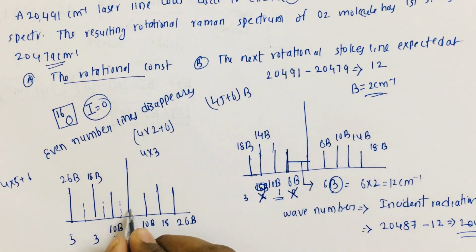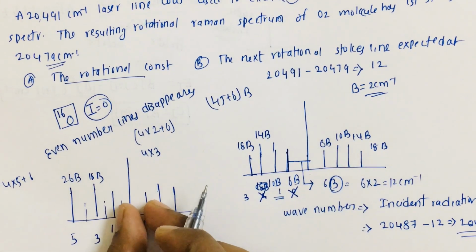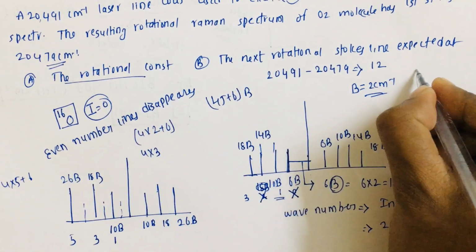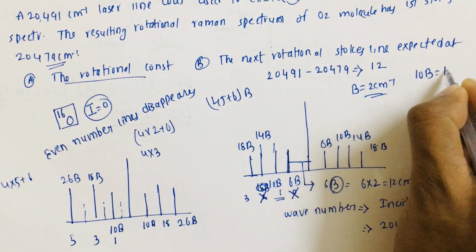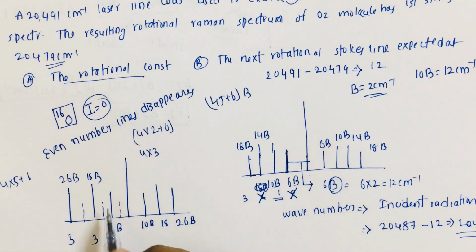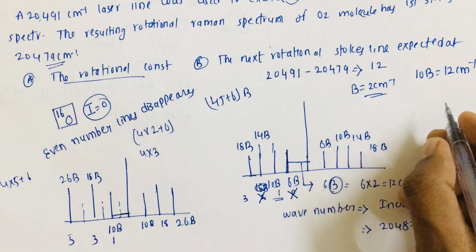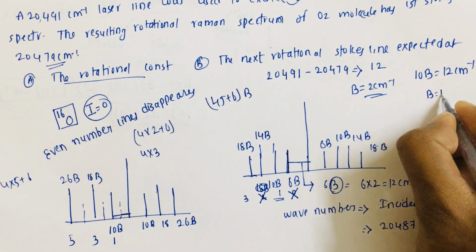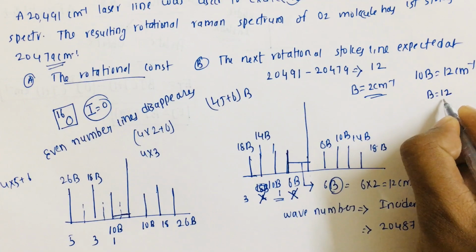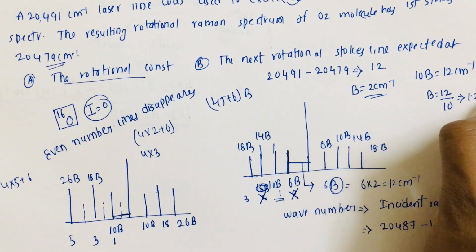Now what is the energy difference? We have to identify the B value, because this gap is 10B, which equals 12 centimeter inverse. So B will be 12 by 10, approximately 1.2 centimeter inverse.